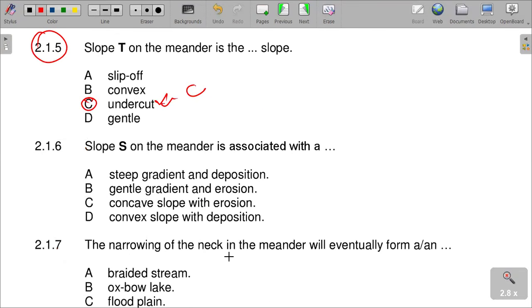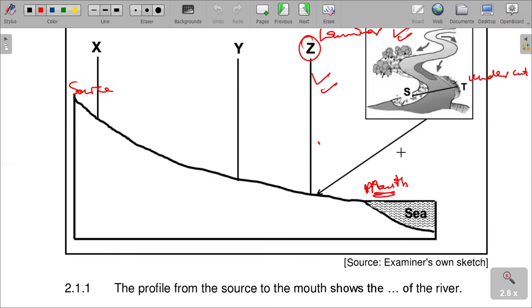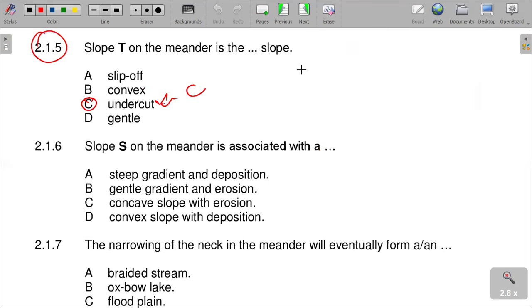And then slope S on the meander is associated with a dash. This is also a description of the long profile of a river and of this meandering river channel.